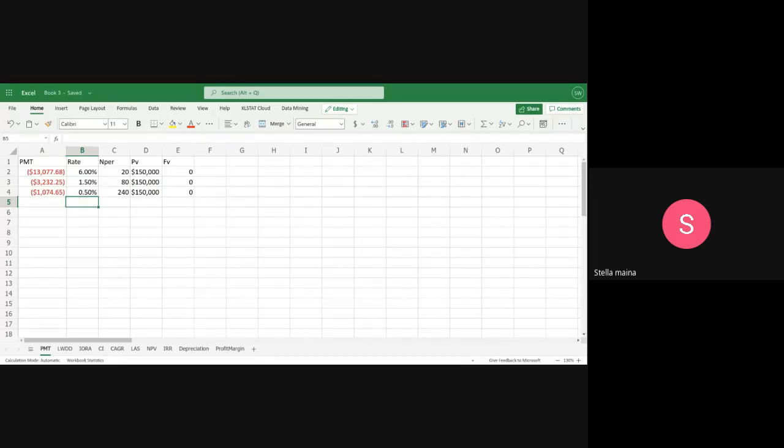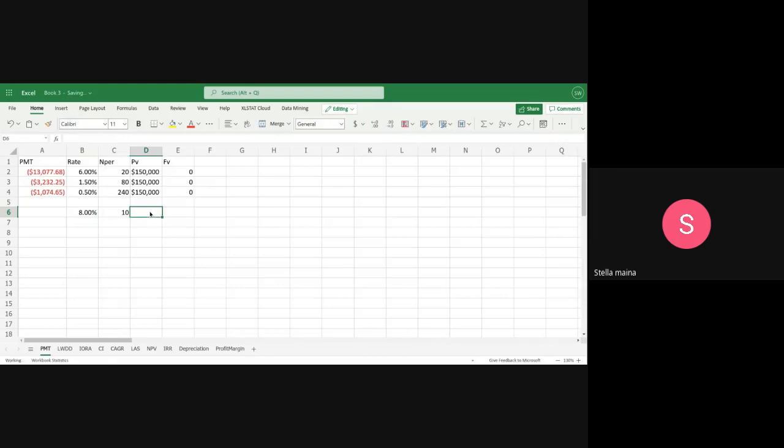How much money? So it's still a payment, it's still a PMT. So our rate is 8%. Our duration is 10 years.